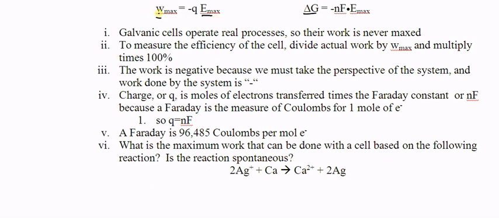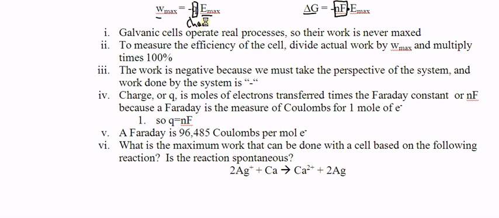So, work max and delta G are interchangeable. They mean essentially the same thing. Both of these equations are more or less the same. The only difference is that we have delta G written here, work max written here. But other than that, there's no difference because charge and n times F are the same thing.